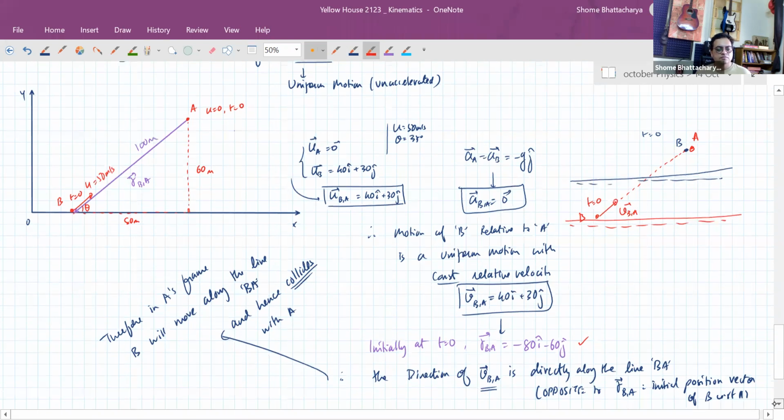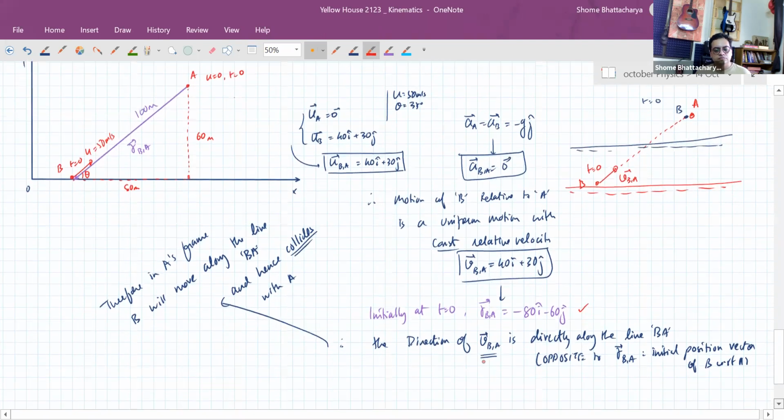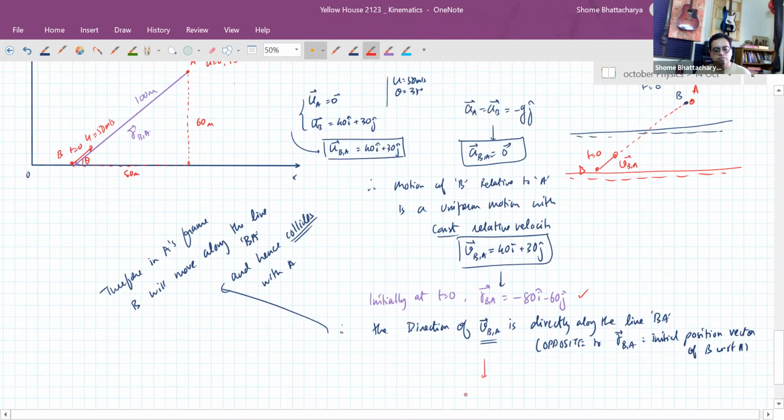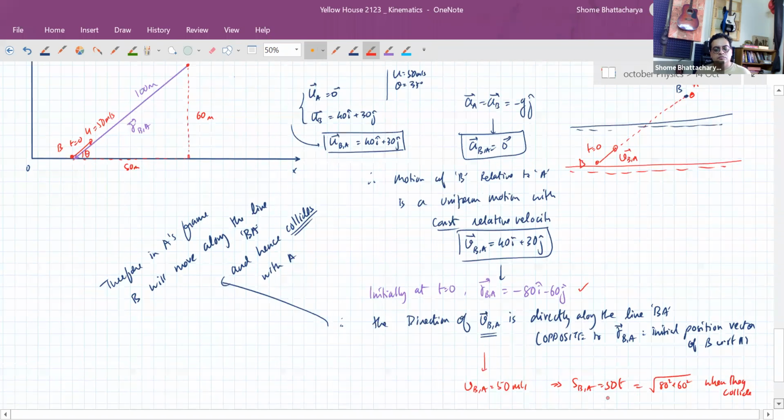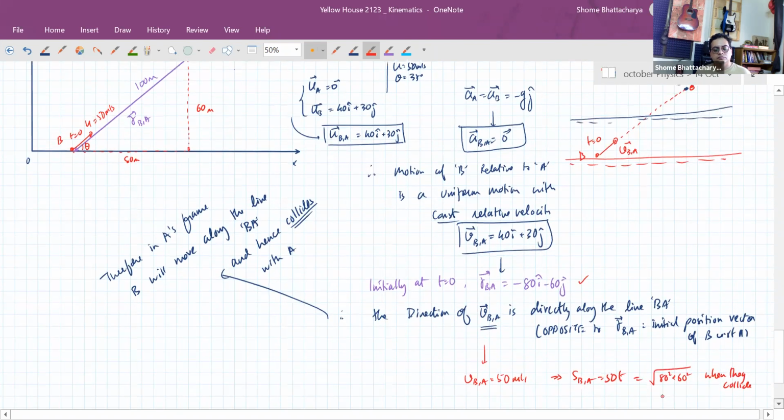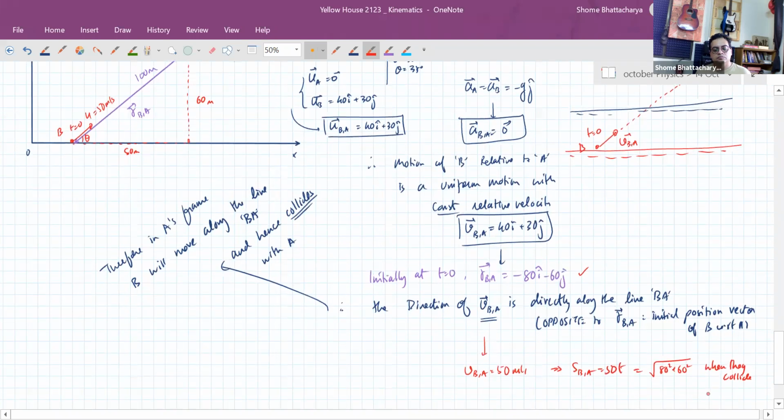So the time taken, so they should collide at 2 seconds.